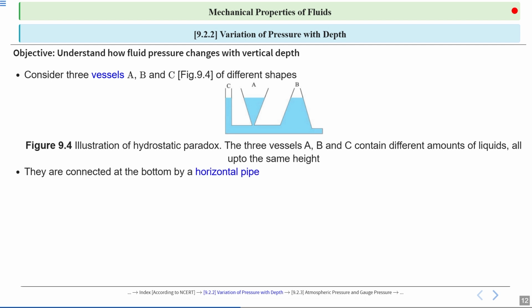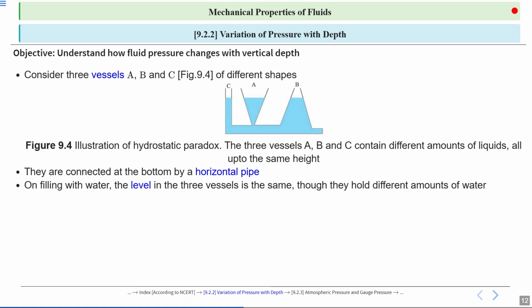These vessels are connected at the bottom by a horizontal pipe. This connection allows the liquid to move between the vessels. When we fill the vessels with water, the level in each vessel becomes the same, despite the different shapes and volumes.